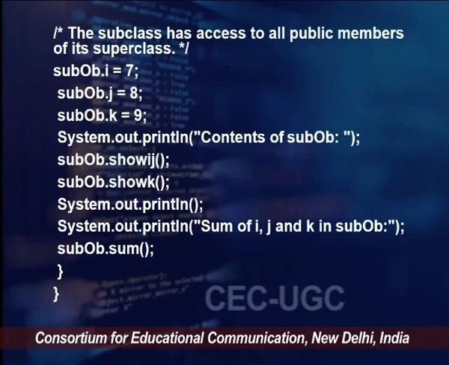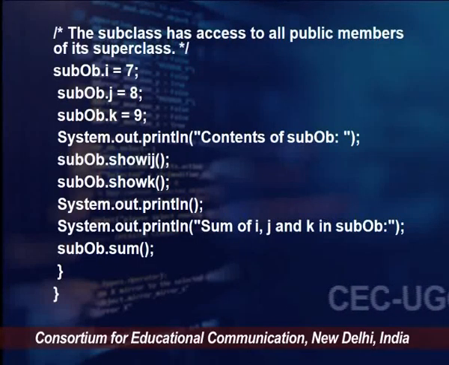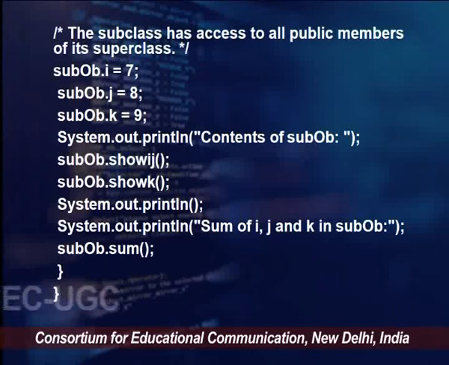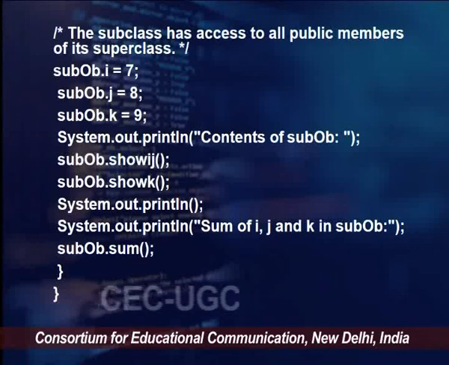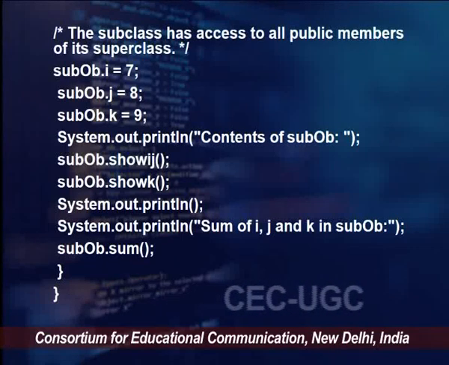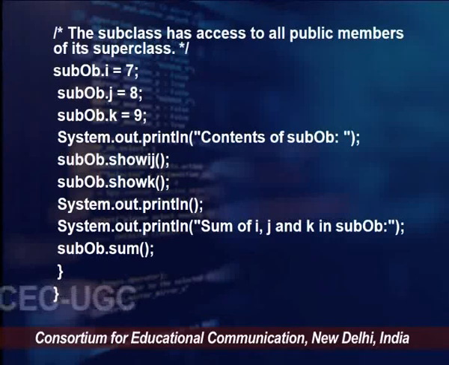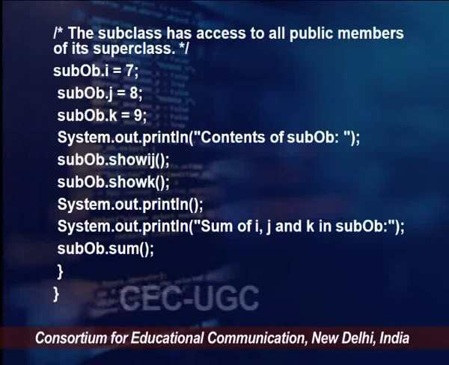And then we need to see the utility of the class B, which is the subclass of this superclass A, and it is going to have access to all the public members of its superclass. So sub OB dot I is equals to 7, sub OB dot J is equals to 8, and sub OB dot K is equals to 9.